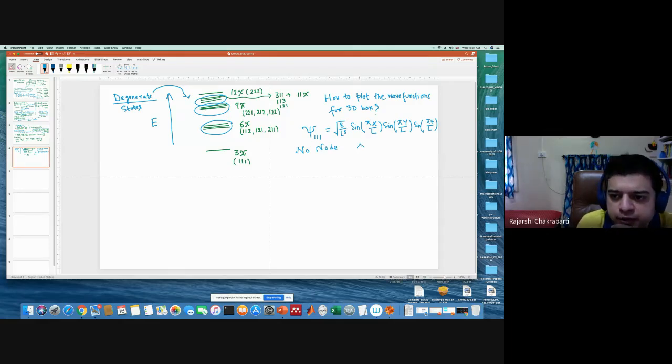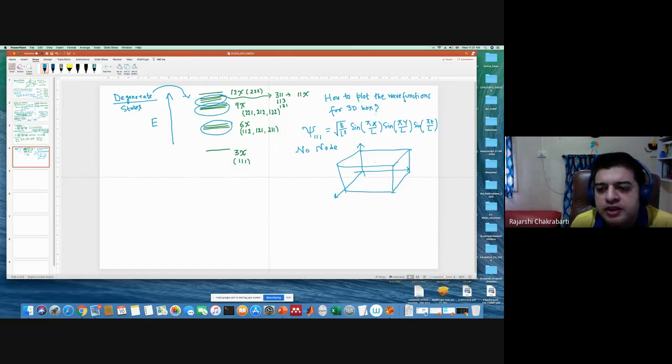And if you try to plot this in 3D, this is your box, whatever. It's not very well drawn because it should look like a cubic box. And if you plot, it is obvious that at the boundaries these wave functions vanish, but then it is a sine function. So in 1D, along the x direction, it is something like this.